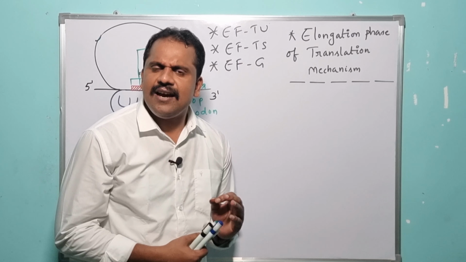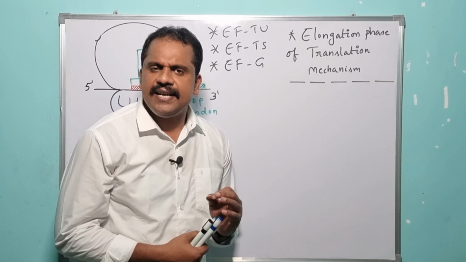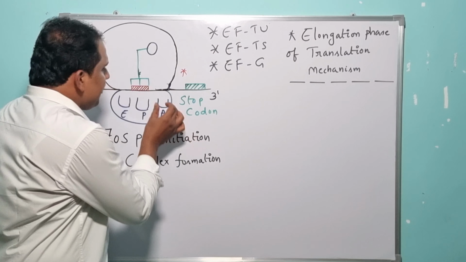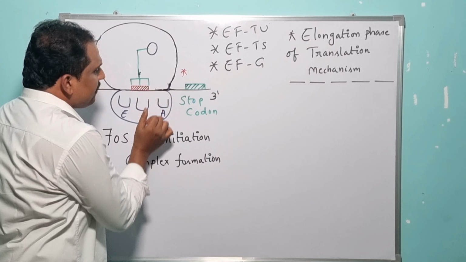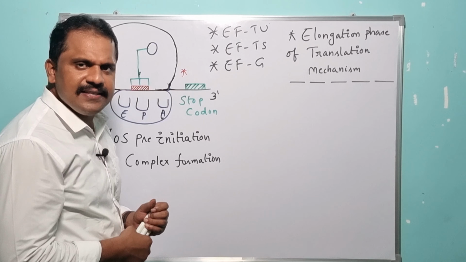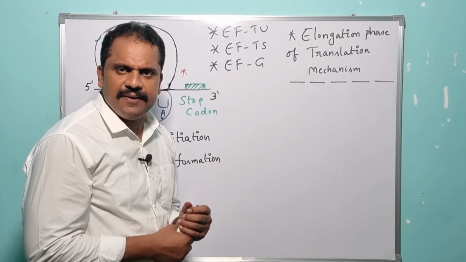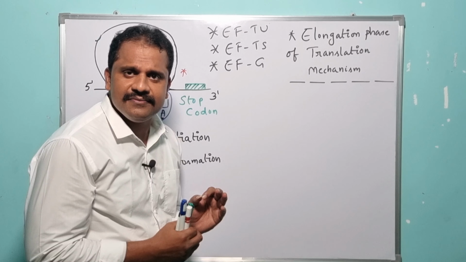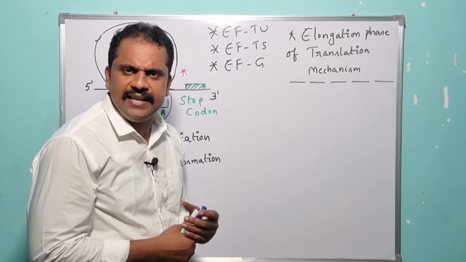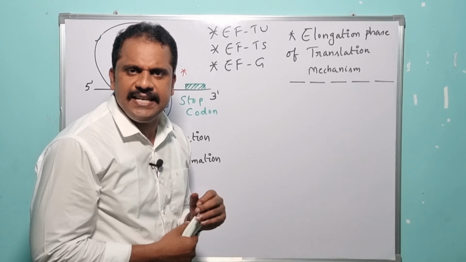So at the very beginning of the elongation phase of translation, the EFTU elongation factor comes into the picture. For the successful recruitment of the amino acid tRNA to the A site of the ribosome, the EFTU elongation factor is required. But EFTU remains in active conformation and is capable of recruiting the amino acid tRNA to the A site only when it is in association with GTP.